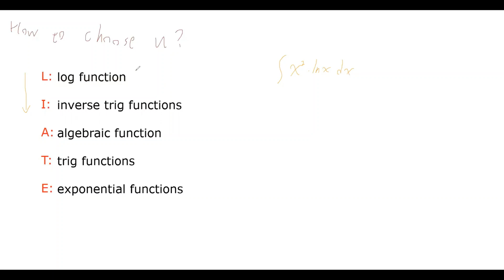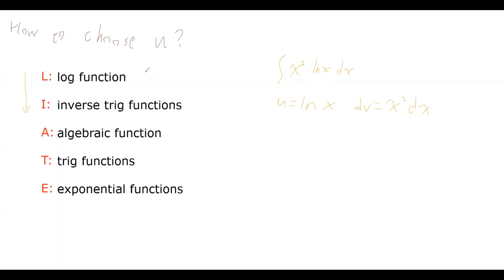Does it have a log function? Yes, we have a log function. Then we let u be equal to ln x, and the other is going to be your dv. So dv is going to be x squared dx. Don't forget the dx.